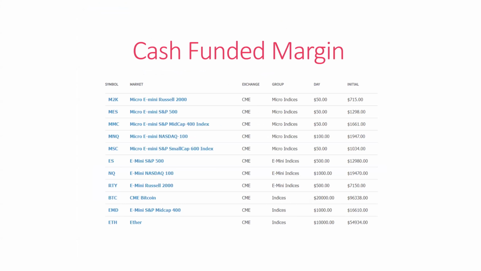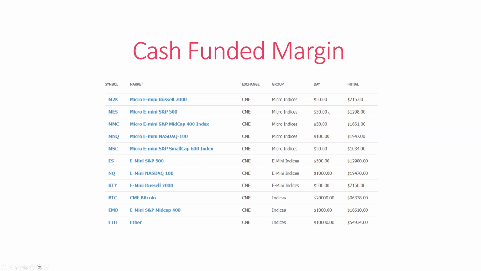All good. Okay. This slide right here is for TraderVate. Like I mentioned earlier, every single exchange has their own margin. With TraderVate, if you fund your own account and you want to trade MES, which is micro S&P 500, you need at least a minimum of $50 to trade it.